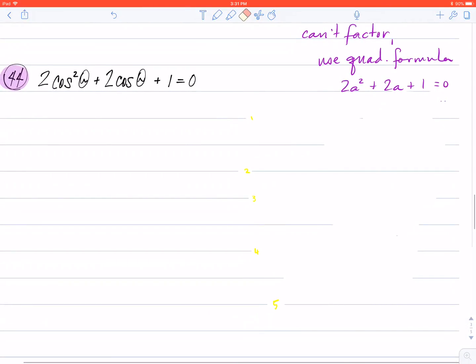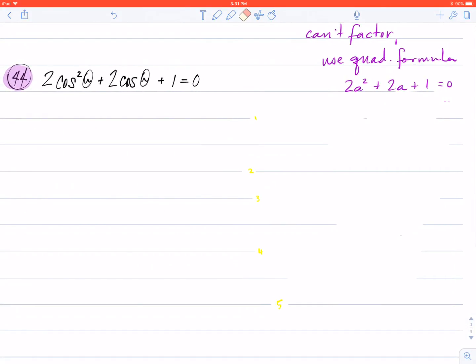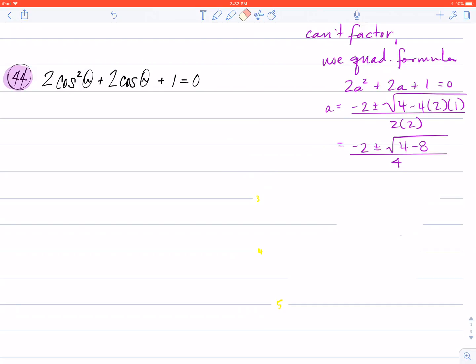Number 44 is also another one that we cannot work through by factoring, so we'll have to use the quadratic formula on this one as well. Notice that I took my cosine thetas and I turned them into a's to make a more normal quadratic equation so that I can plug it into the quadratic formula. So the first thing I'm going to do is simply plug into my quadratic formula. We'll start to clean that up.